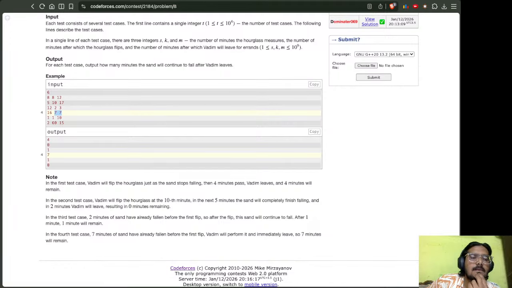It starts from 0. The flip happens at 2 and thereafter, so the flip happens at exactly 2.